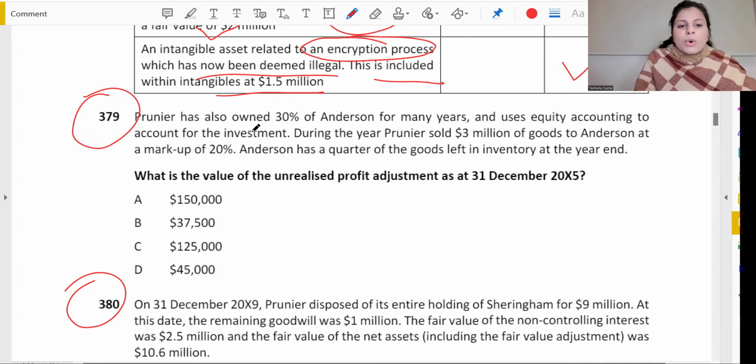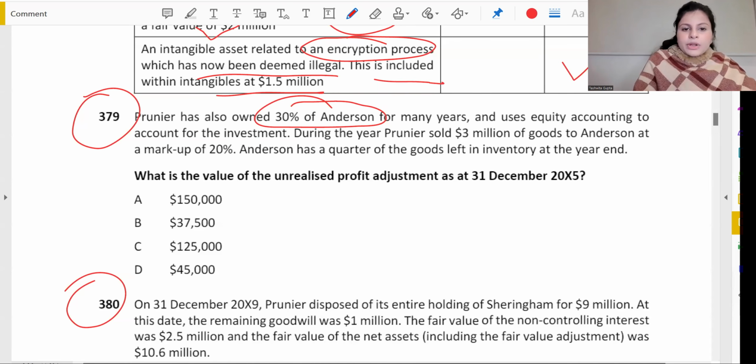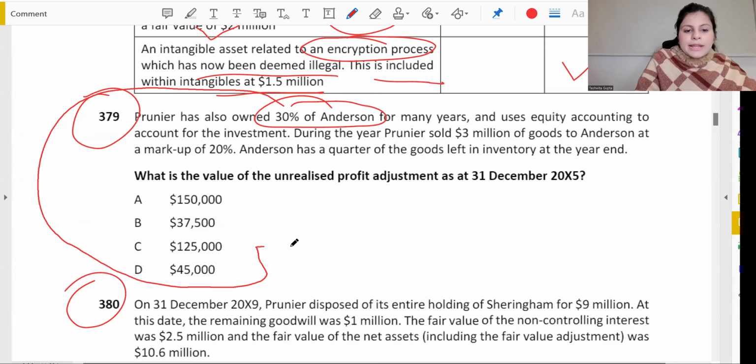Parent has also owned 30% of Anderson. 30% means which kind of relationship is this? Associate. Very good. What standard applies to an associate?